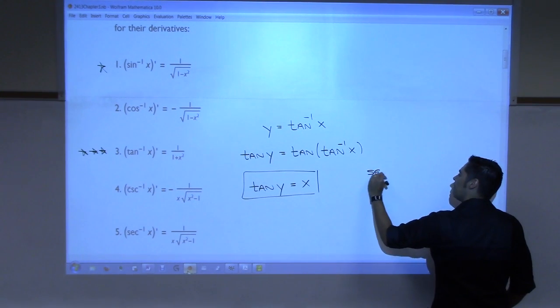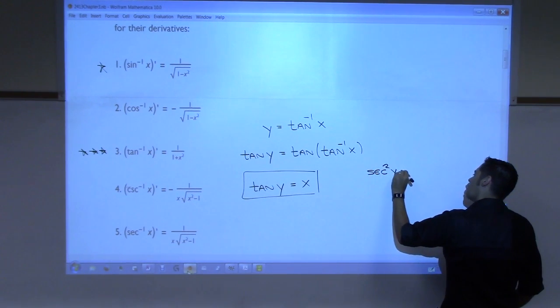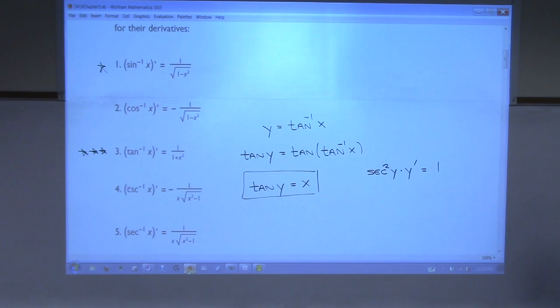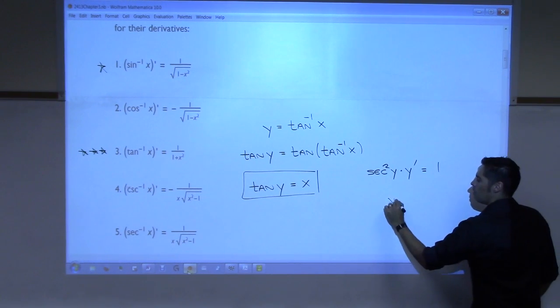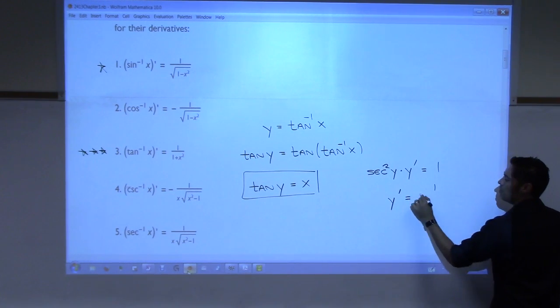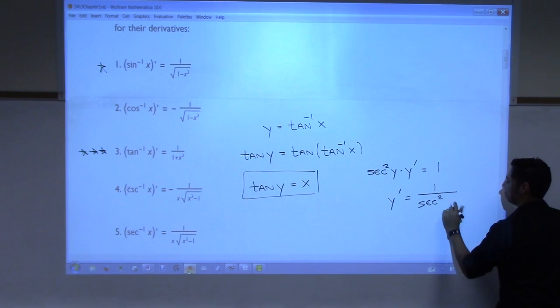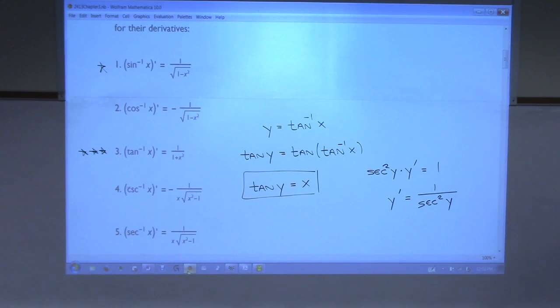Secant squared y times y prime equals 1. Solve for y prime: divide, 1 over secant squared y. I wrote x at first, but it should be secant squared y.